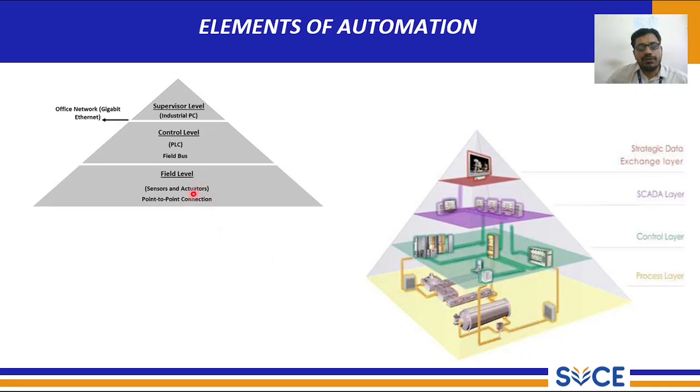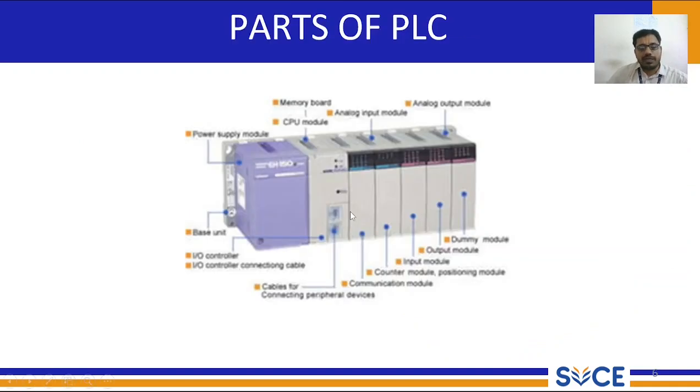At the field level, sensors and actuators have point-to-point connections, and all these connections are controlled by the PLC. PLC will have the logic instructions stored in the memory through an external device. There are different parts of the PLC that you can see. Very basic is the power supply module, and then there is the input output controller and connection cables.